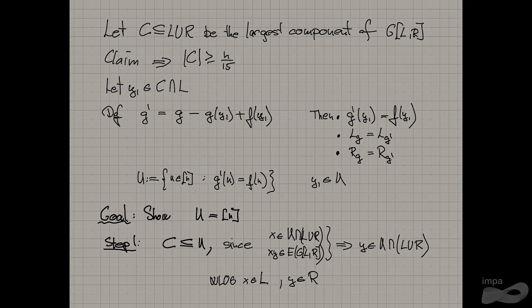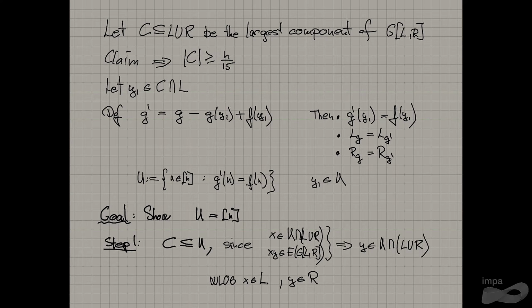Now, you can easily show two things. First of all, the whole component should be inside U. So you can just think it over. And here it comes that you know where you are.